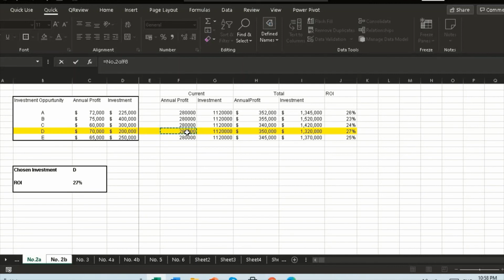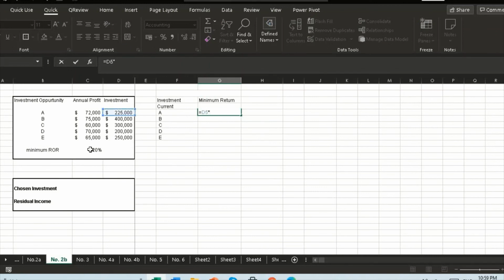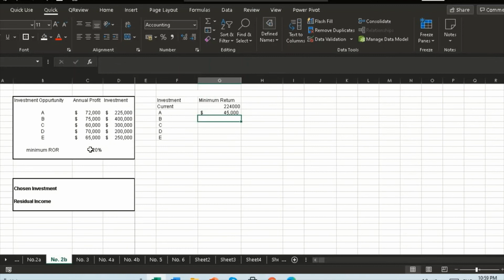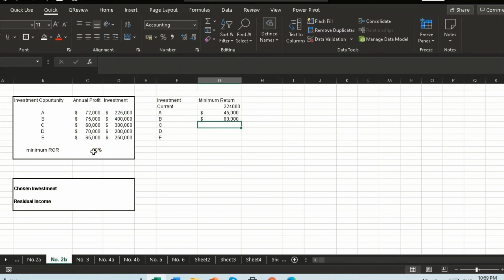The investment is 1,120,000, which is to be multiplied by the minimum rate of return, and we will get 224,000. For A, it is the investment of 225,000 multiplied by the minimum rate of return, and we shall repeat the same procedure in the figures referring to the other investments.